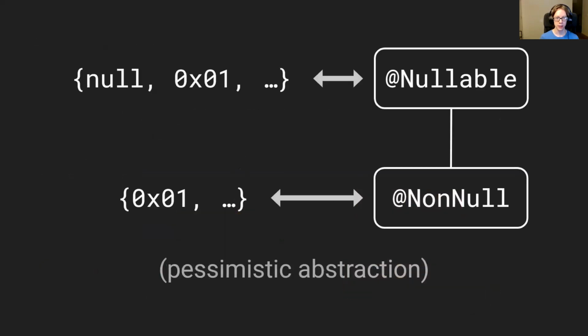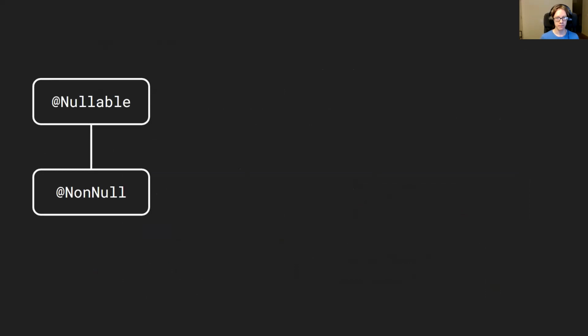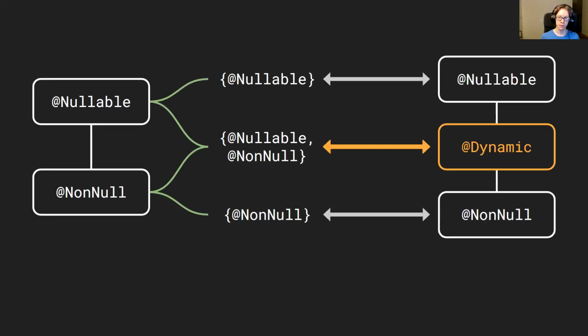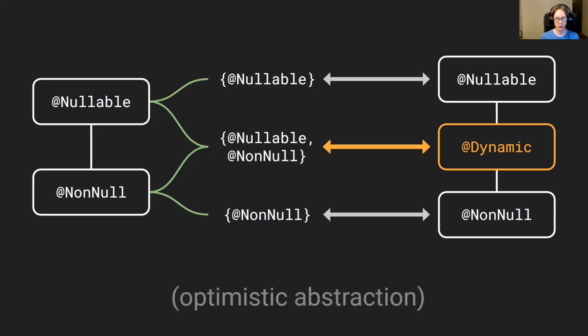So again, pessimistic abstraction. If you have something that is of abstract value nullable, we assume pessimistically that it could be null in a place where it might be required to be non-null. So we give a static warning. What we're essentially going to do is instead of taking concrete values and taking sets of them and then lifting up into abstract values, we're going to do that a second time, where we take sets of these original abstract values and we lift them to produce lifted abstract values or gradual abstract values.